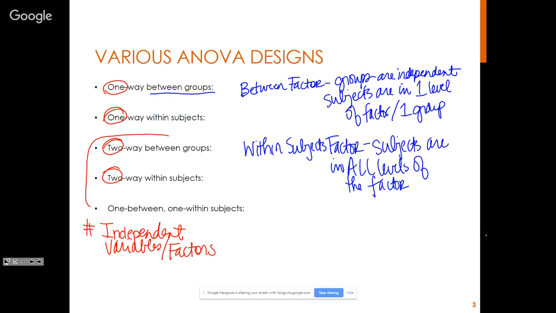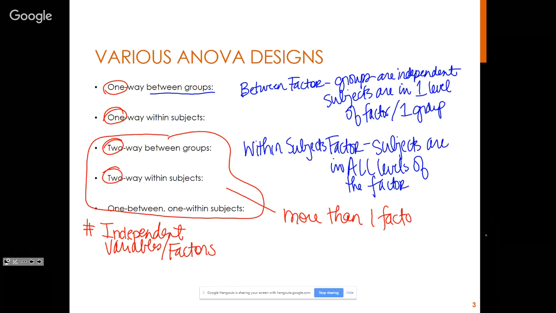So these that have more than one factor or independent variables are called factorials in terms of their design. They don't have a single factor, they have more than one factor.